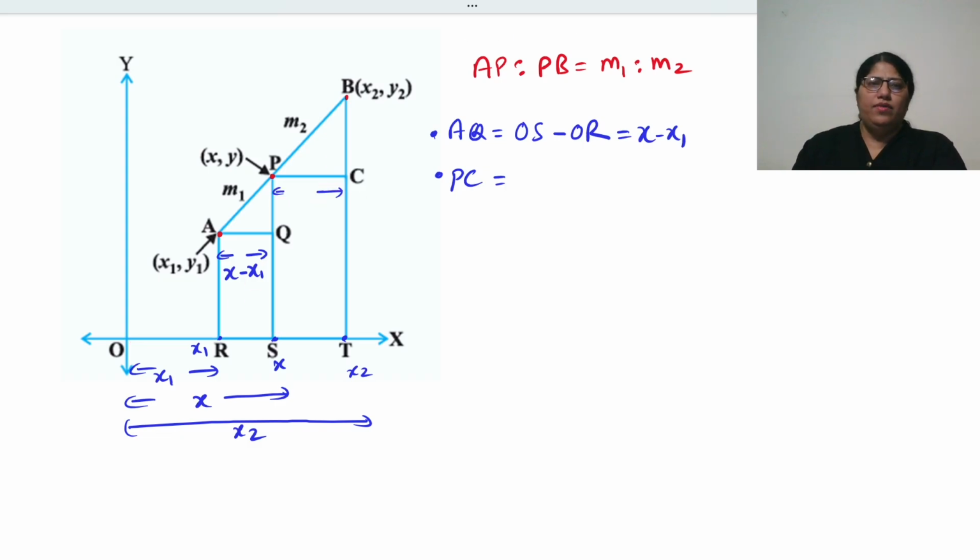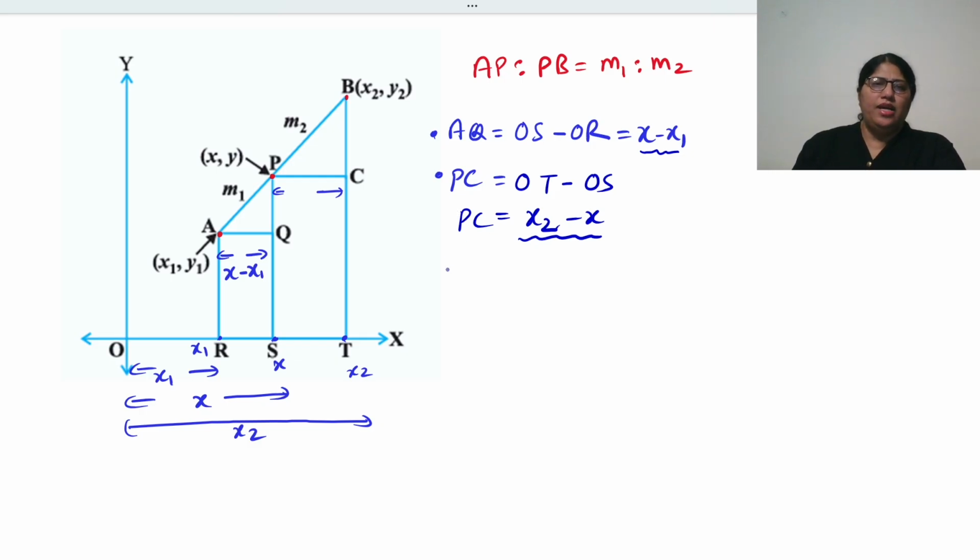So PC length is going to be OT minus OS. What is the length of OT? It is x2. So you get PC as x2 minus x, and AQ as x minus x1.